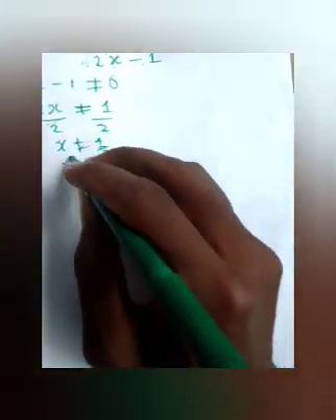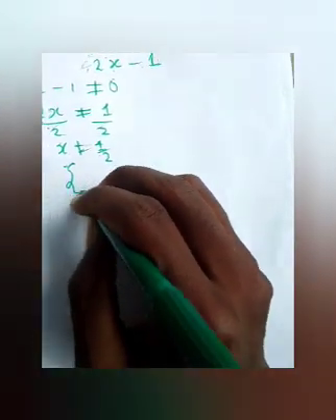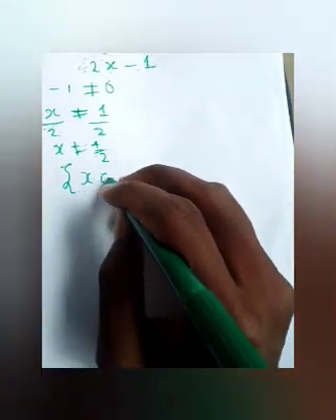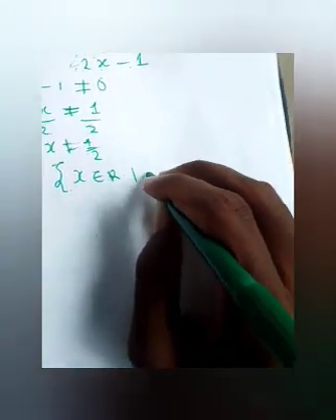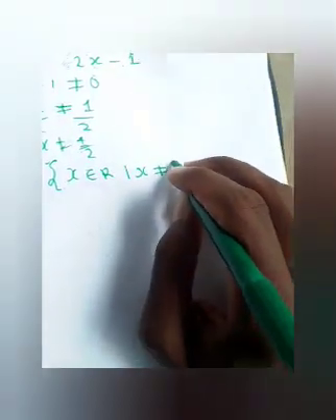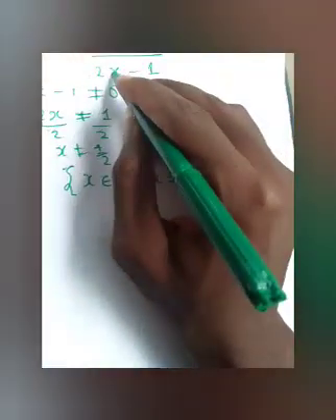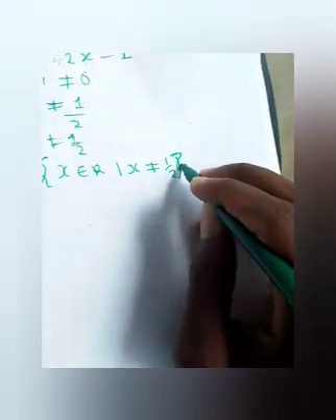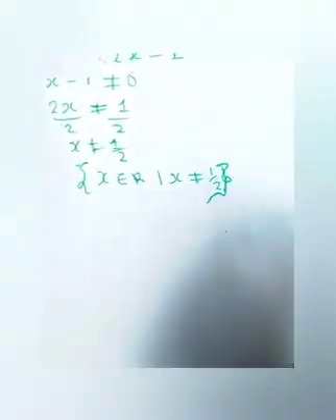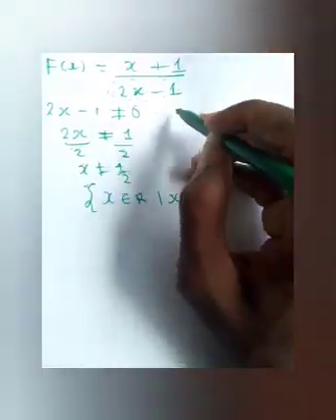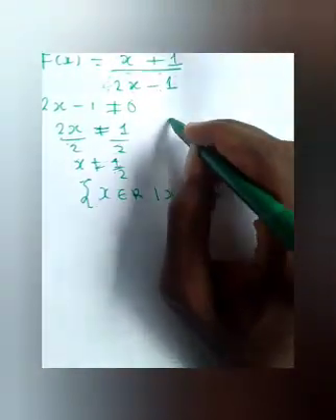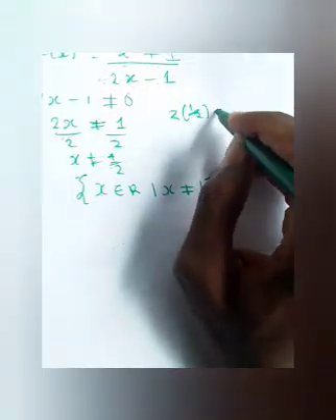So to state your domain, you can say x can be any real number, but it should not be equal to 1 over 2. Because look, if I put, my bad, I need to put the bracket. Yeah, so if I put 1 over 2 here on the denominator where this x is, I'm going to have 1 over 2, right?